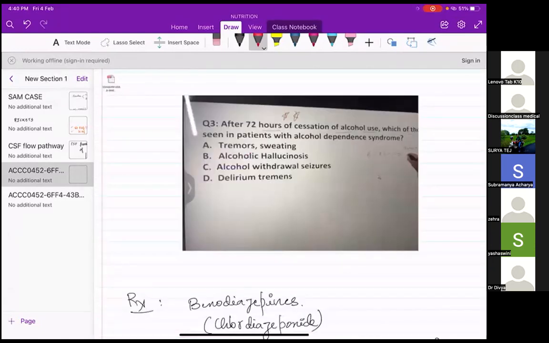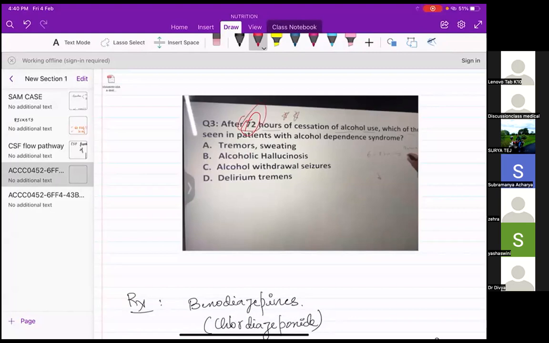Next question: 72 hours after cessation of alcohol use, which of the following is seen in patients with alcohol dependence syndrome? Is it tremor, sweating, alcoholic hallucinosis, alcohol withdrawal seizure, or delirium tremens?